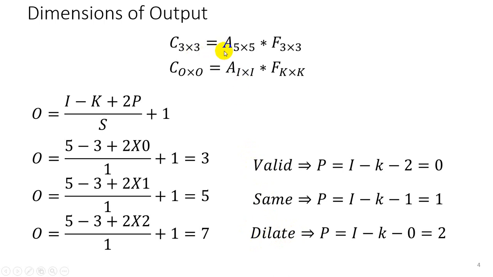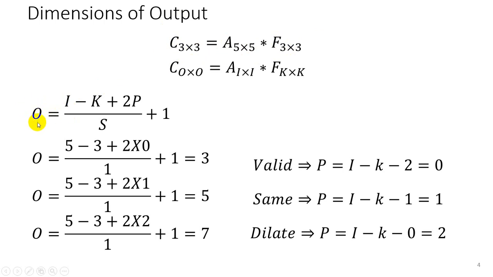So if we perform a convolution operation on the matrix A with the filter F, the output has dimensions depending upon the type of convolution we choose. In this case, the input matrix is 5 by 5 and the filter is 3 by 3 and the output is also 3 by 3. This is determined by this formula.